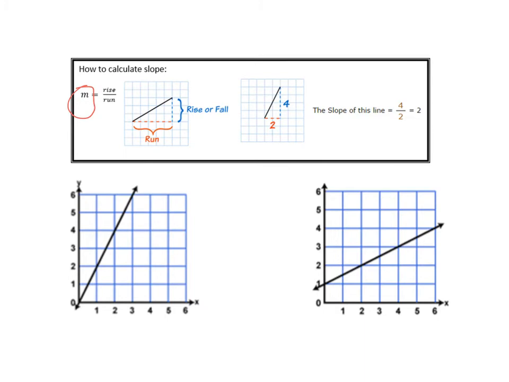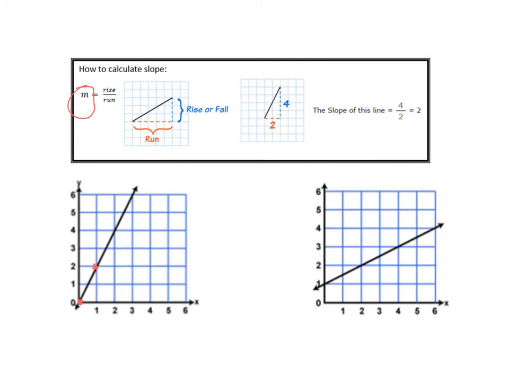So again, whenever you're finding the slope of a line, you need to find 2 points on the line that you're going to use for comparison. And you want to find points that are easy to identify. That is, the coordinates of the point are very clear. So I could use, for example, this point here, and I could use this point here.